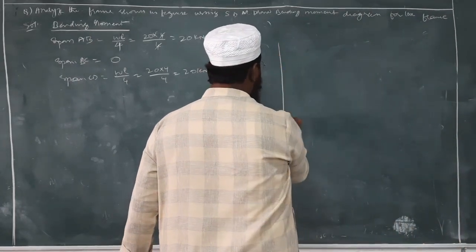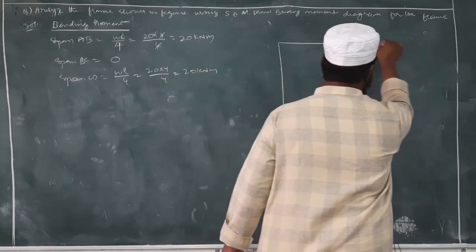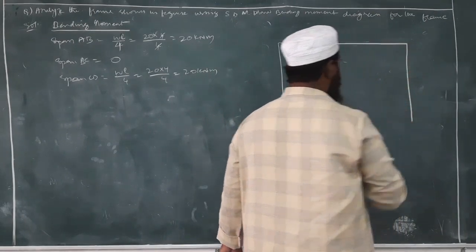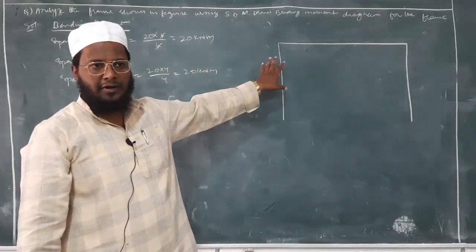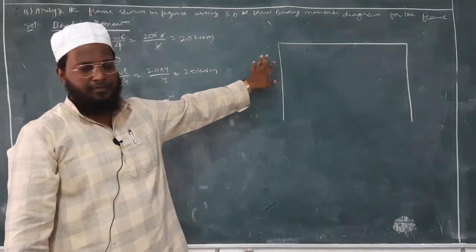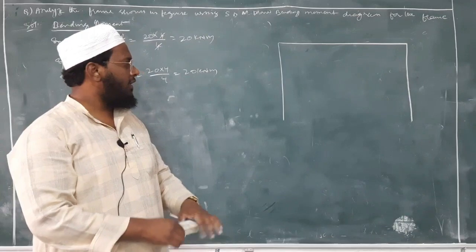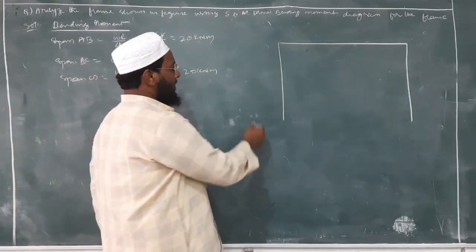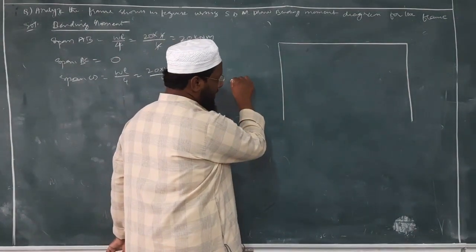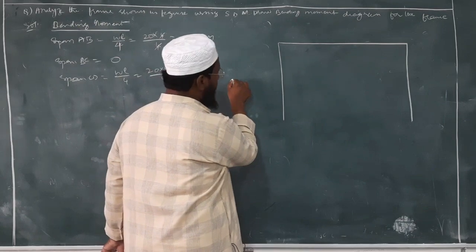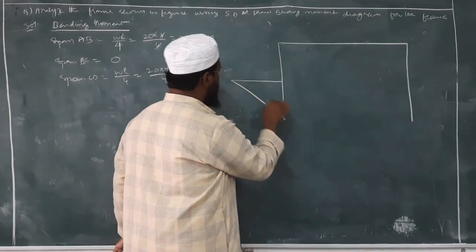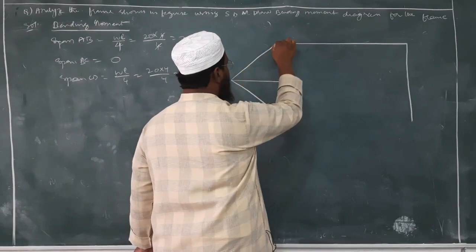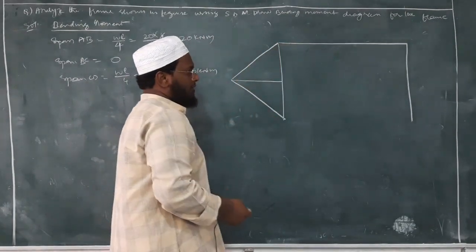So how to draw the bending moment diagram? First draw the beams or free body diagram of that figure. Free body diagram, isn't it? So free body diagram is drawn over here. Now I will draw the bending moment diagram first. What is the value of that one? 20, right? So bending moment diagram will be a triangle for point load.